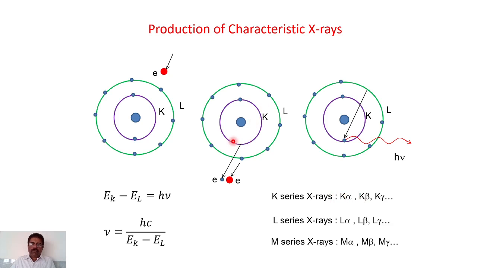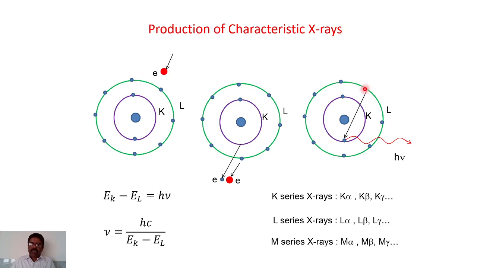Suppose this vacant position is occupied from the M shell, then you can call this K series X-ray K beta. Suppose this vacant position is occupied by the electron from the N shell, then it will be called K gamma, and so on. Similarly for the L series also. Suppose the X-ray is an L series X-ray, that means the electron from L is displaced and its position is occupied by an outer shell electron, M, N, and so on.